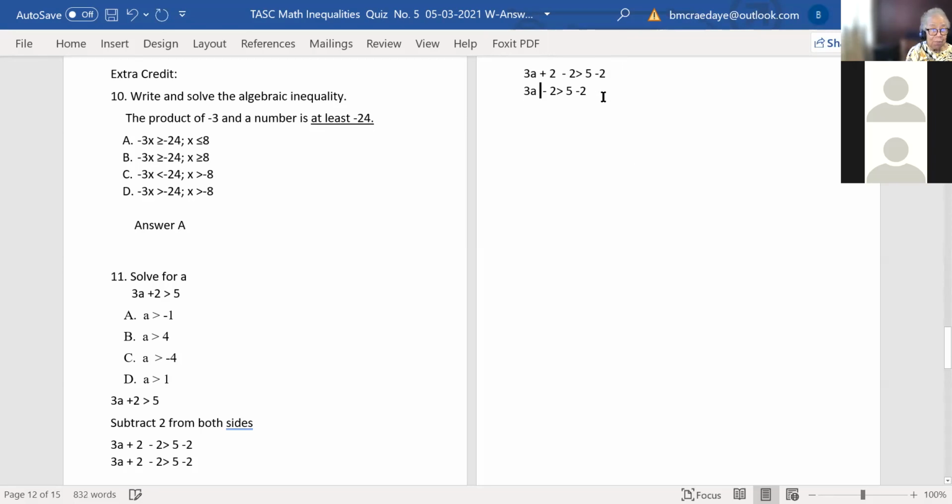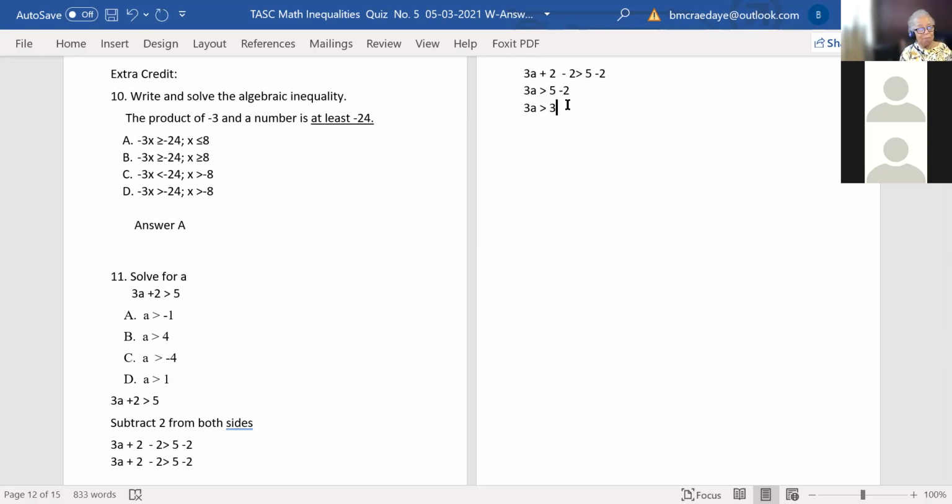So that means we can take this out. This is 0. So we have 3A greater than 5 minus 2. What's 5 minus 2, Maureen? 3. That's right. So this is now 3A greater than 3. Now, Maureen, how do I solve for A? 3A greater than 3.